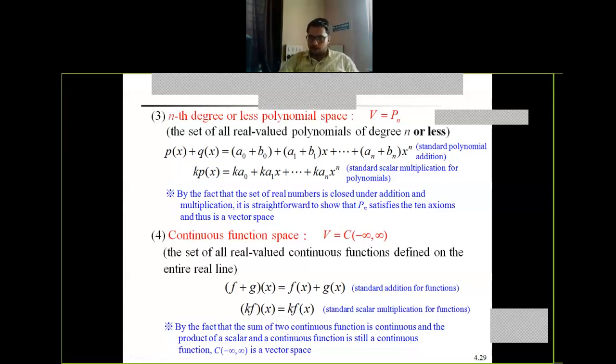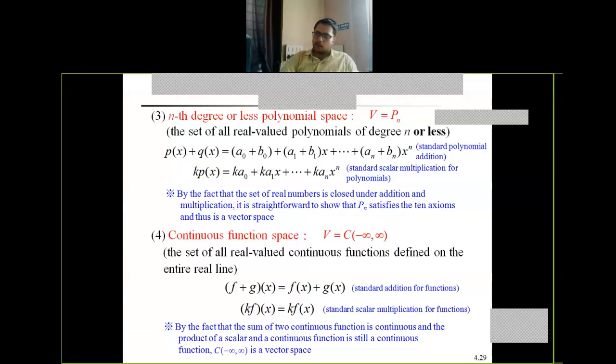Now next, we are going to multiply p of x by, let's say, a scalar k. So k a naught plus k a1 x plus dot dot dot up to k an x raised to n. Please remember that since the polynomial is real valued, if we multiply the coefficients by any scalar k, which is again a real number, it will again be in that set only.